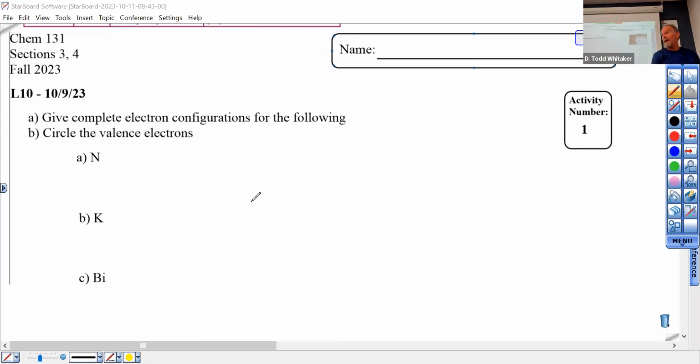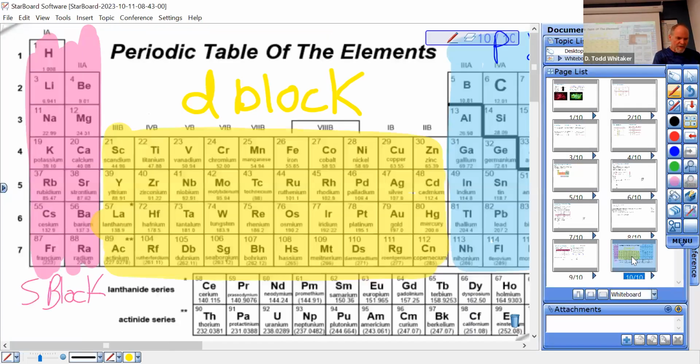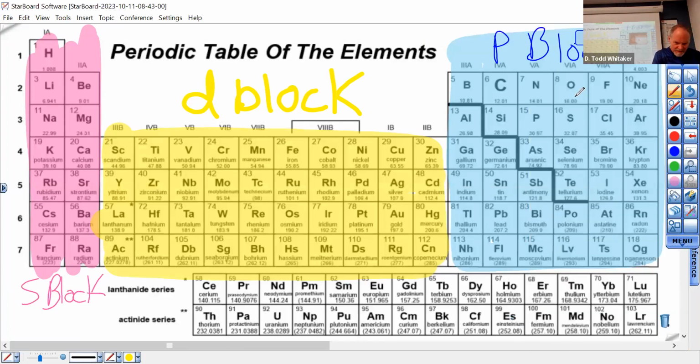We'll know when we get there because we'll talk about it. So let's go to the end and look for nitrogen. First question, which block is nitrogen in? It's in the P block, which means the last electrons you're going to put in there will be in the P level. What number is going to go in front of the P level?